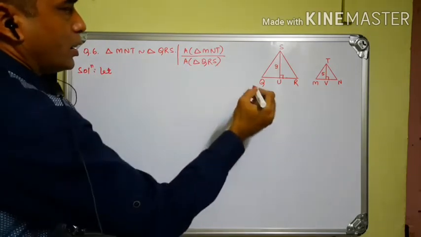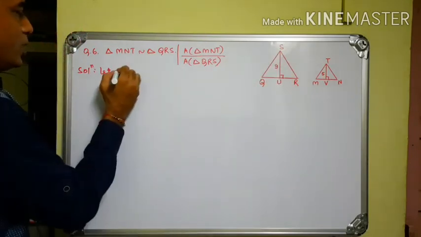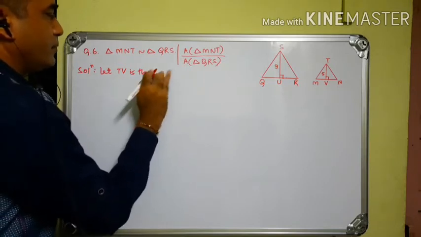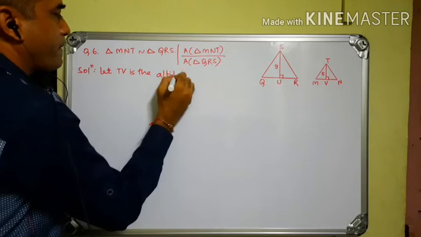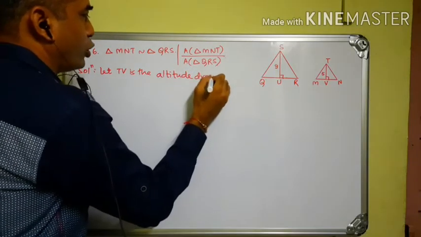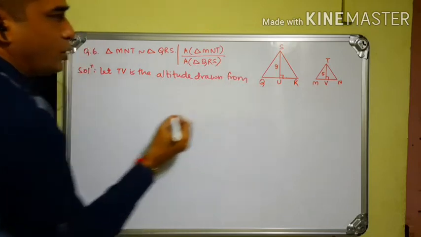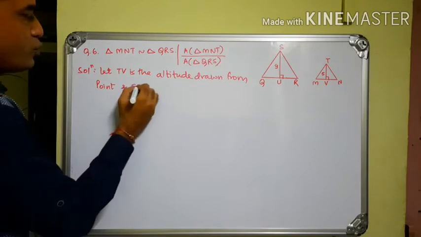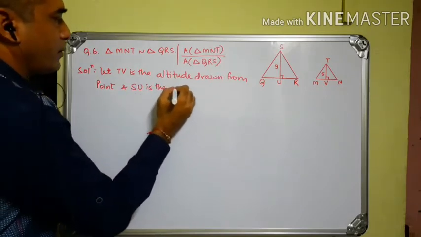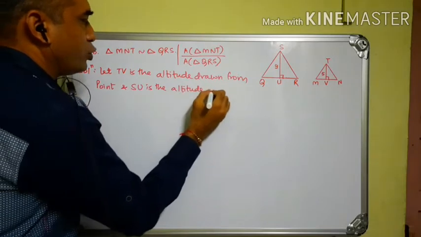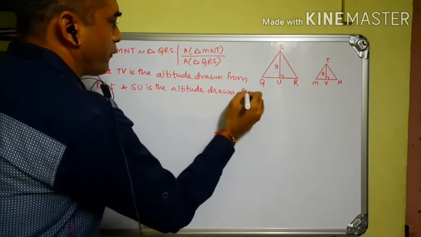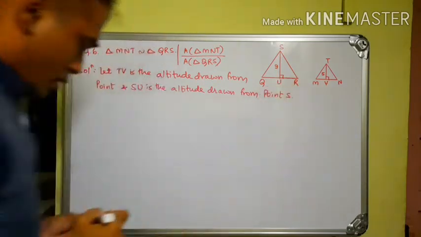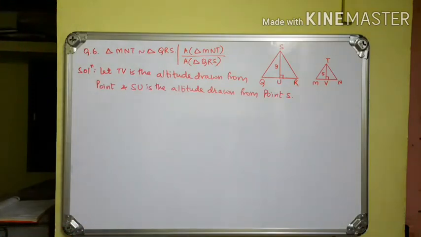Let TV be the altitude drawn from point T, and SU the altitude drawn from point S. These are the two altitudes and we know their length.